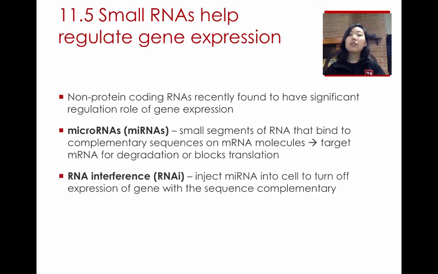There's also something called small RNAs. These are actually non-protein coding RNAs. So what that means is for a long time, there were these large stretches of DNA that people didn't think was actually useful because it didn't produce proteins.